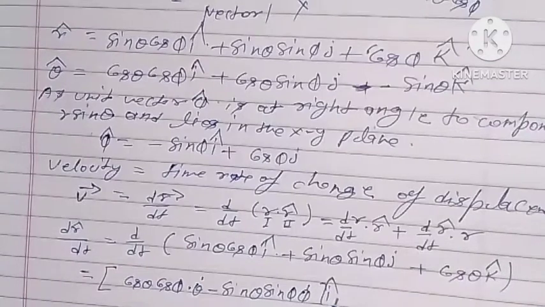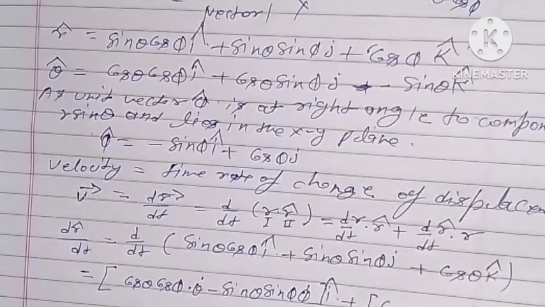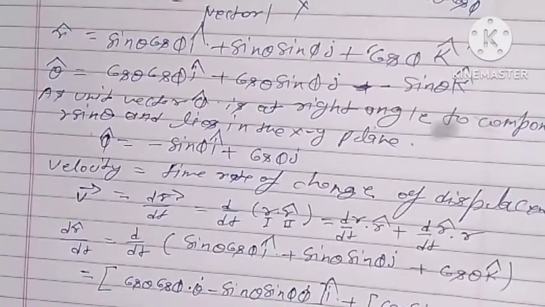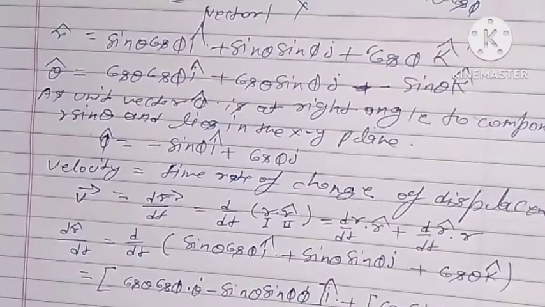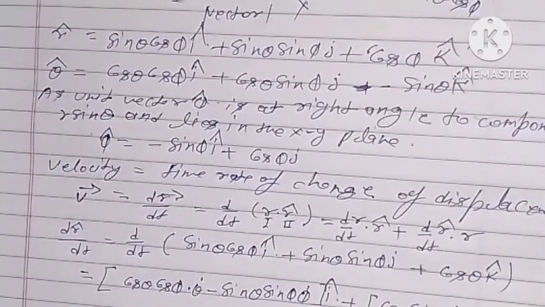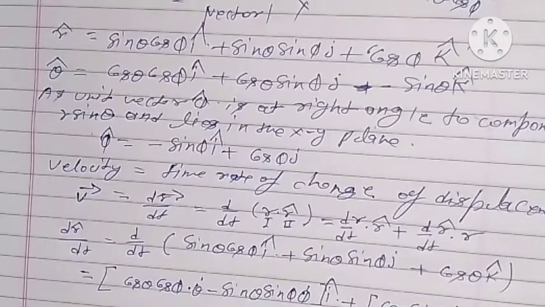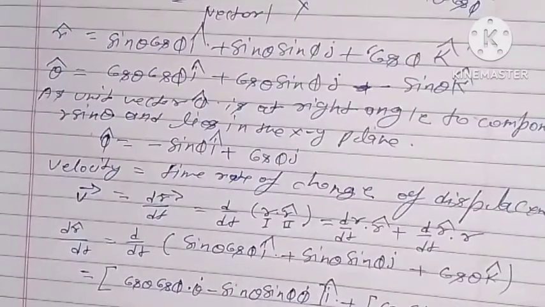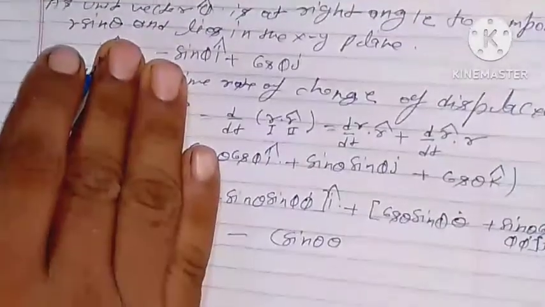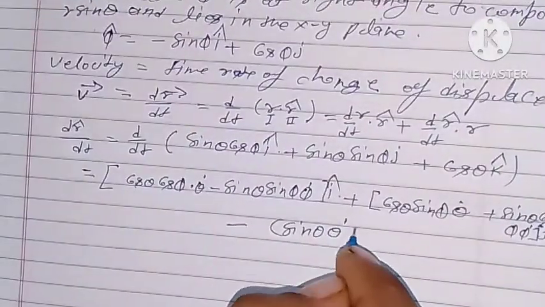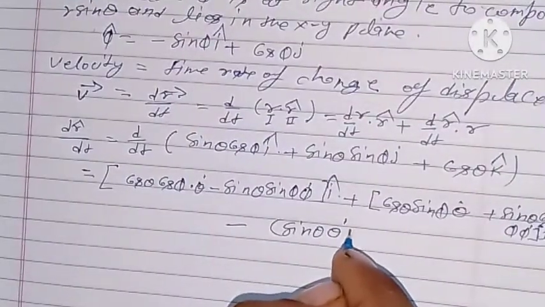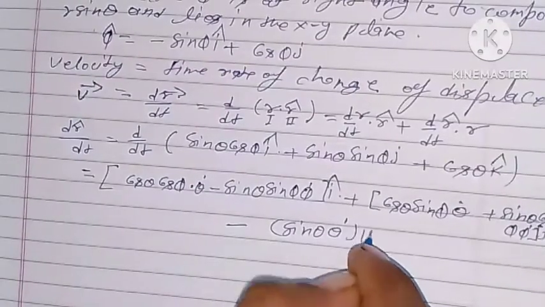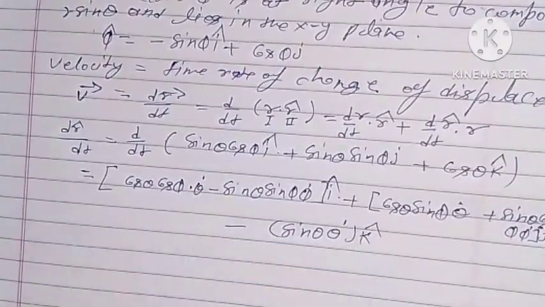This is the unit vector i plus cos theta sin phi, differentiate of theta, plus sin theta cos phi, differentiate of phi, j minus sin theta, differentiate of theta, into unit vector k.